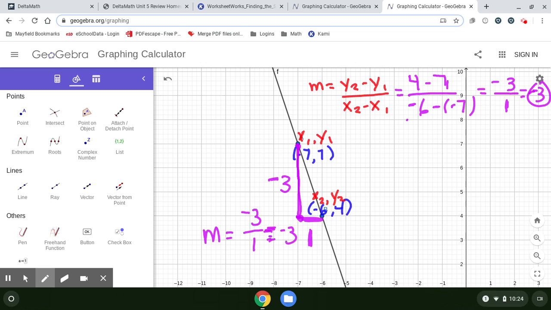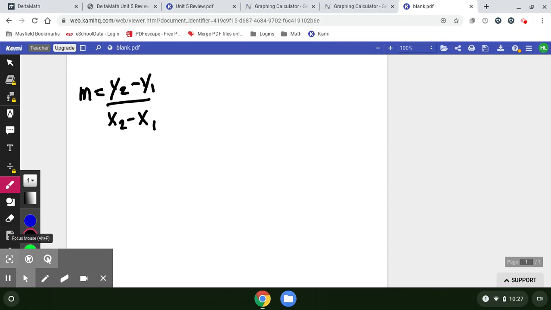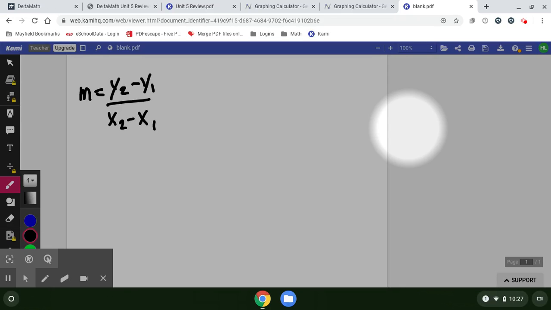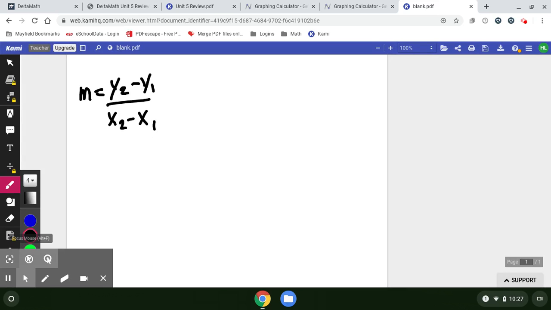Okay, so that's a couple of examples of different slope problems. There are cases when I will end up with a slope of 0 or a slope of undefined. So when exactly does that happen?